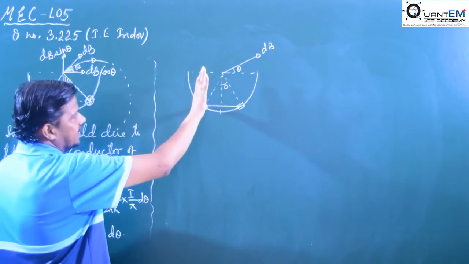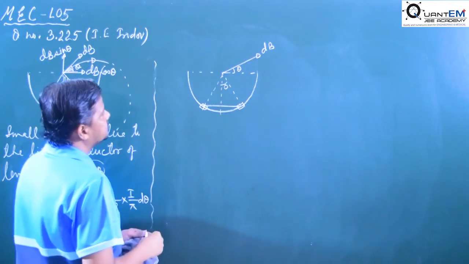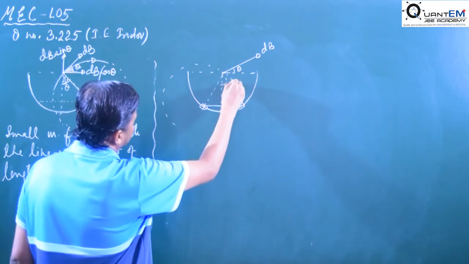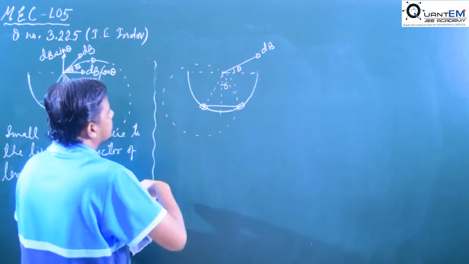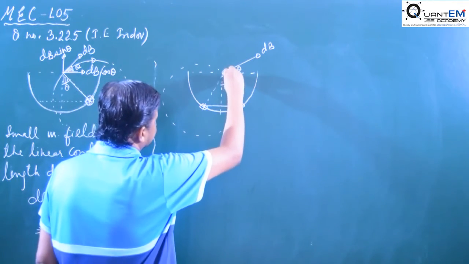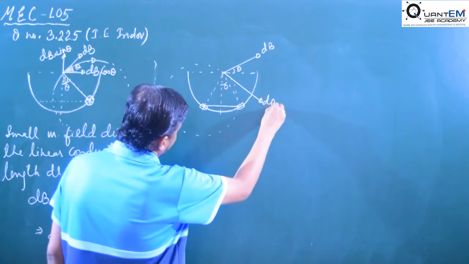Say again, using the right hand palm rule, you draw the magnetic line of force for this conductor, this side also. Now see, it is the direction of the line of force. You take the tangent here, this component is dB.